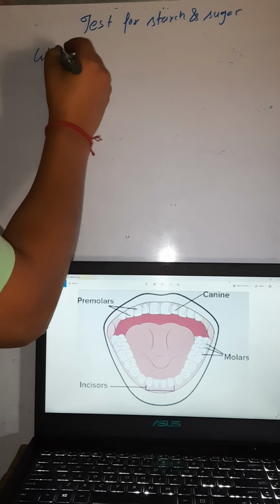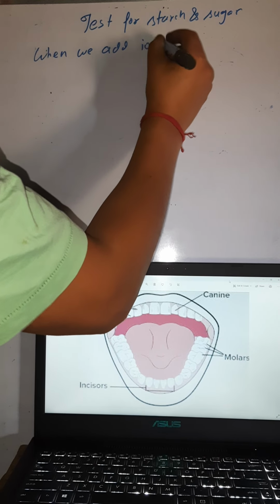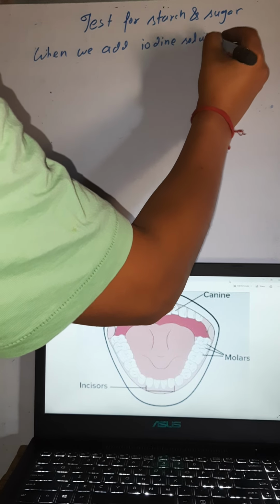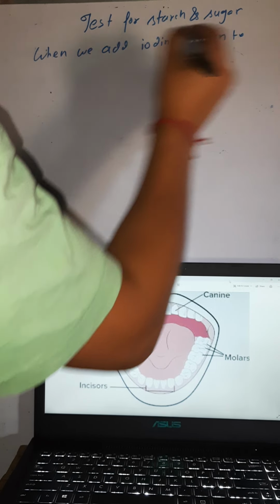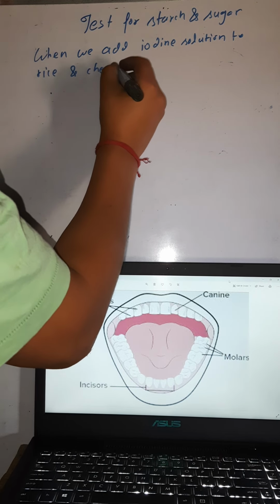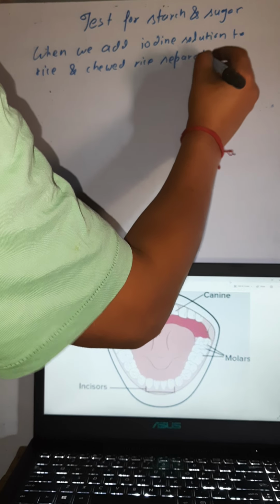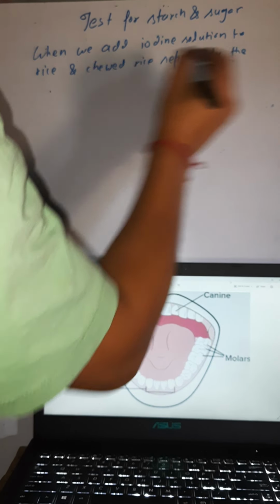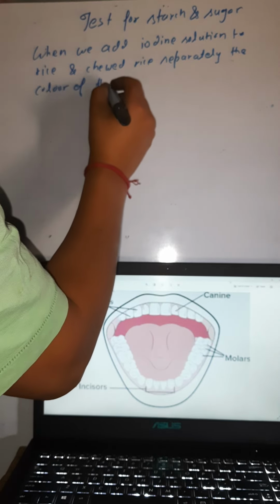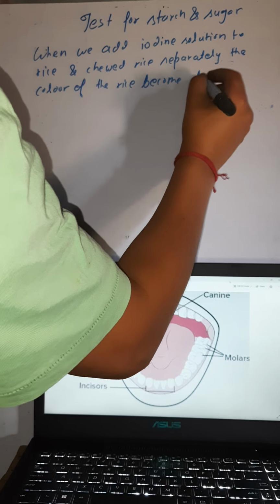When we add iodine solution to rice and chewed rice separately, the color of the rice becomes blue black.